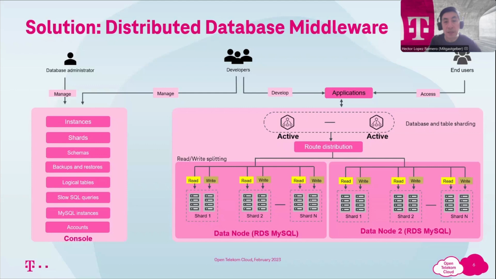At this point, you have two different databases in this picture. These databases have been sharded, so each database has a specific partition inside. With this partition, the routing is really very easy to distribute to the two databases displayed in this slide.